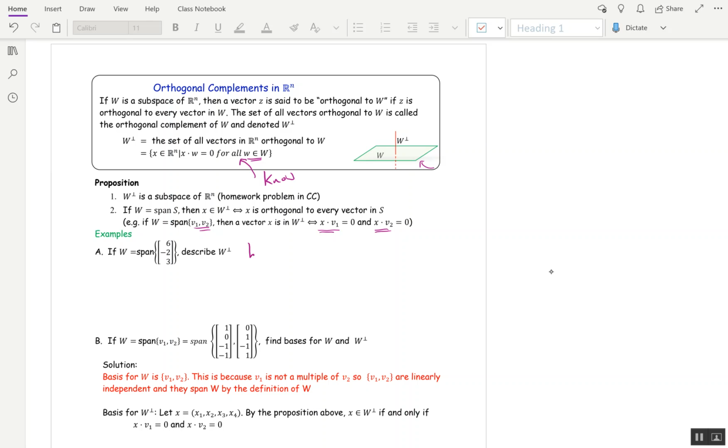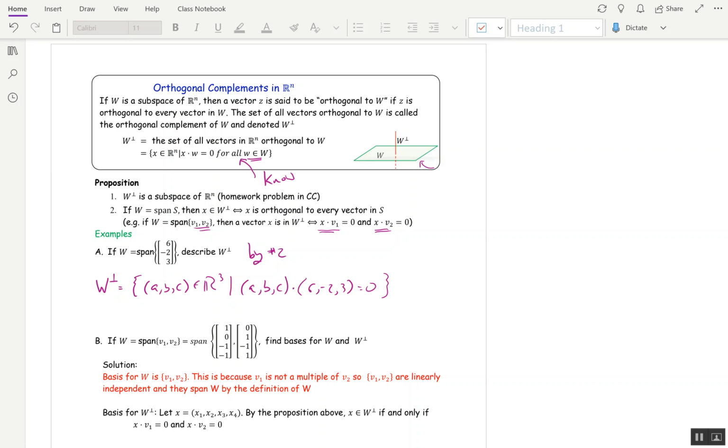All right, so by number 2 in that proposition, W perp is going to be the set of all vectors, and I'm going to use linear format so I'm not taking up so much real estate, set of vectors a, b, c in R3 such that (a, b, c) dots to 0 with the vector that spans W. So (a, b, c) dot the single vector that spans W, (6, -2, 3), is 0.